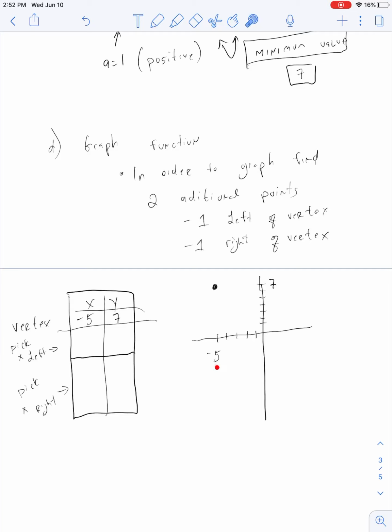And remember, this is your X. So what's an X to the left? How about -6? What's an X to the right? How about -4?